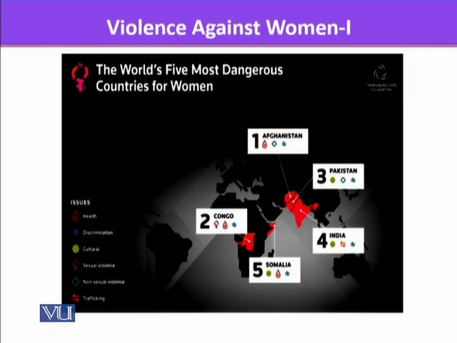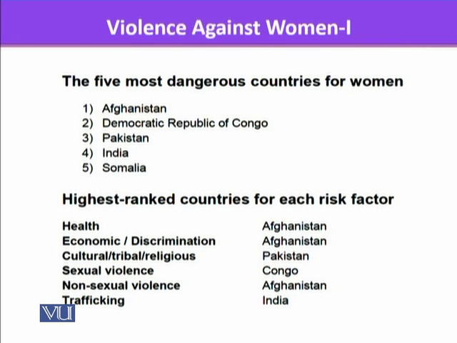If you look at it, three of them are in South Asia. So this tells us that South Asia is one of the regions, and Pakistan is one of the countries, where gender violence is prevalent.